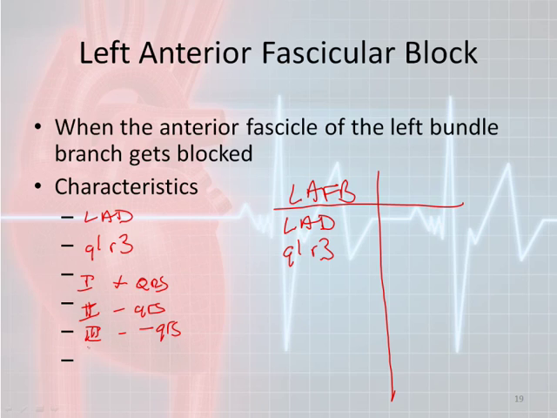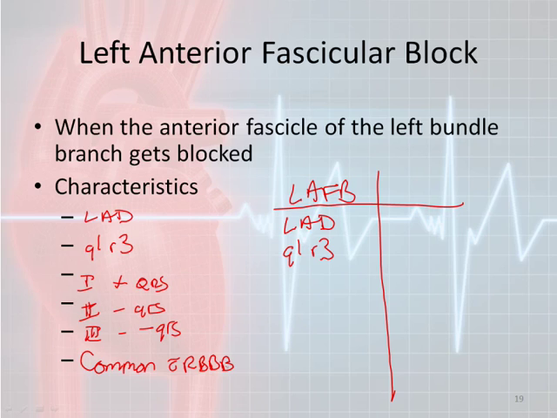One thing to remember about this is very commonly left anterior fascicular blocks are commonly associated with a right bundle branch block. So if you see a right bundle branch block, you should also look for an anterior fascicular block.